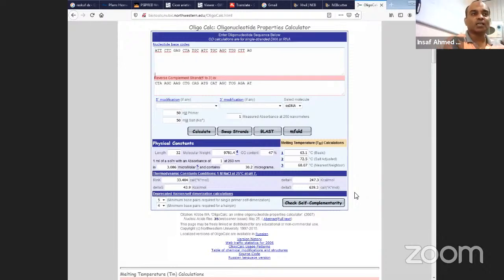So there is not any problem. You can consider this one because it has 32 nucleotides, so length is also good enough for amplification, and it will not have the chances to give non-specific amplification. So this one is going to be our reverse primer.